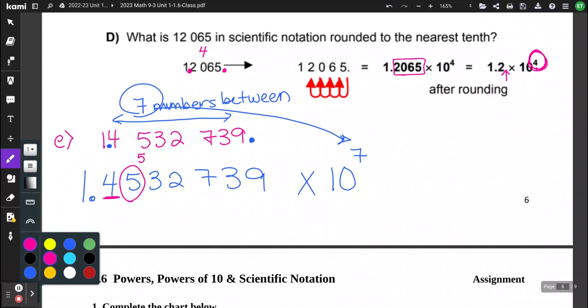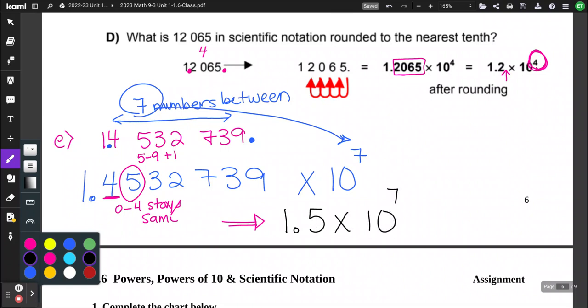Anything that is 5 to 9, you're going to add 1. If it's 0 to 4, it stays the same. So my rounded answer is going to become 1.5 times 10 to the 7.